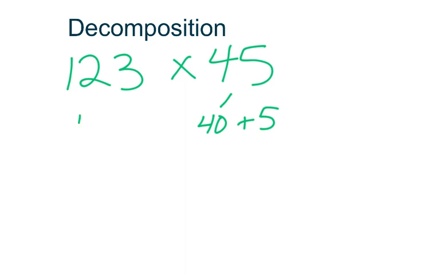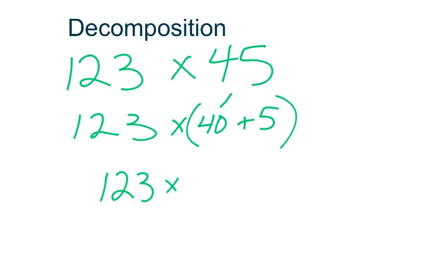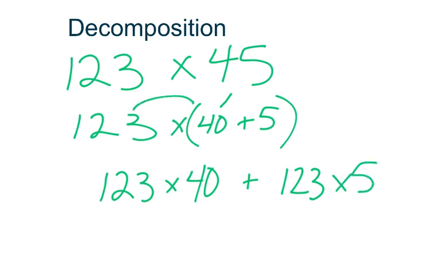So then I would say 123 times, you could write it like that. You could also say 123 times 40 plus 123 times 5. You're distributing that times 123 to each term. That's the distributive property, and it works out here.